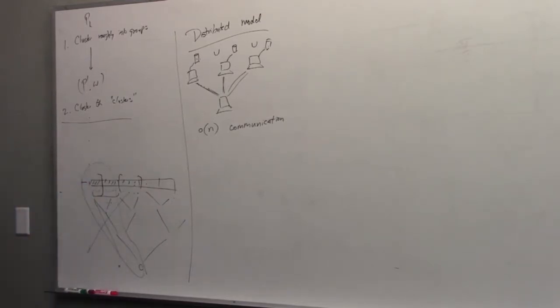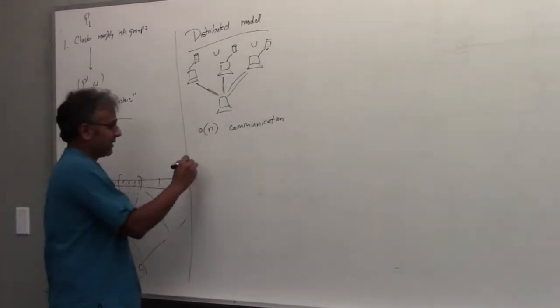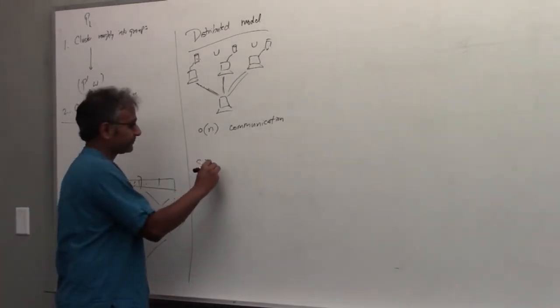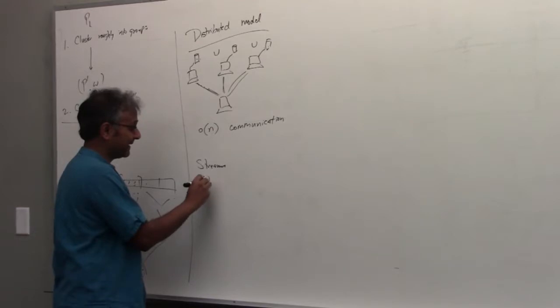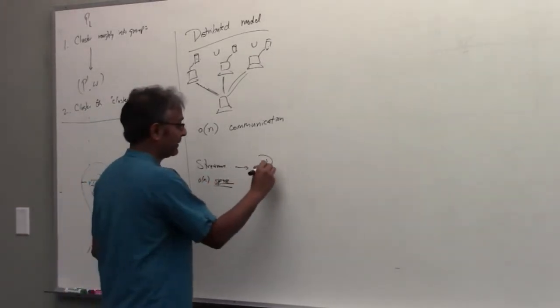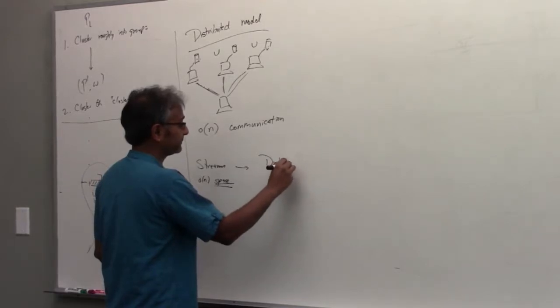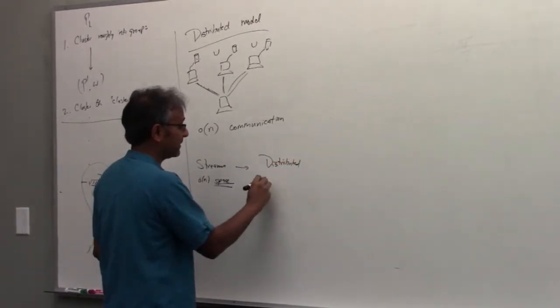So the model of computation has moved from the streaming model, which is small o of n space, to a distributed model with small o of n communication.